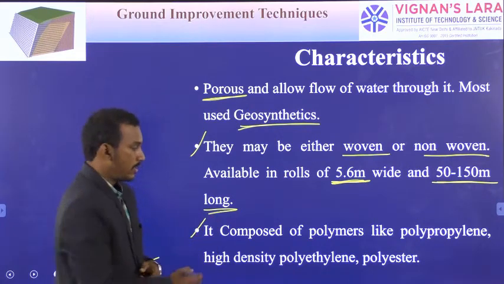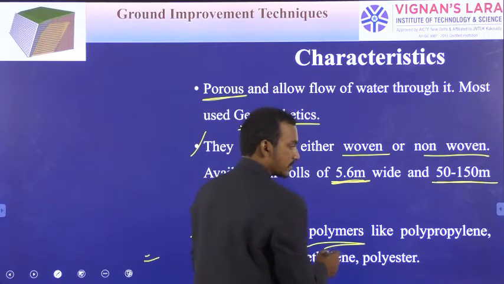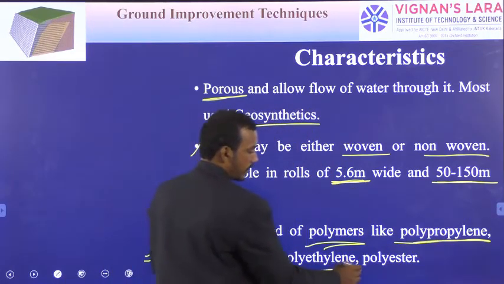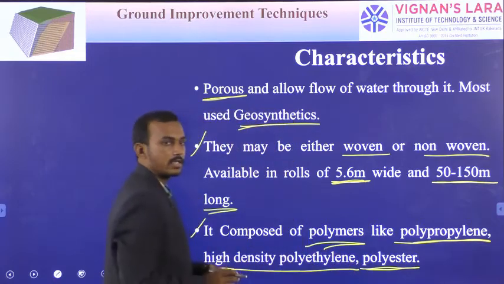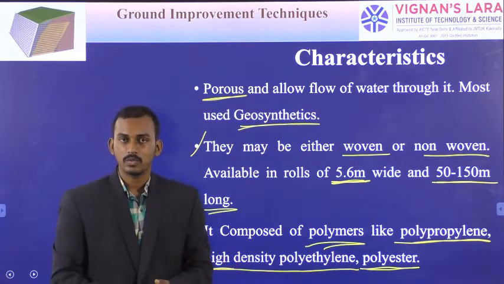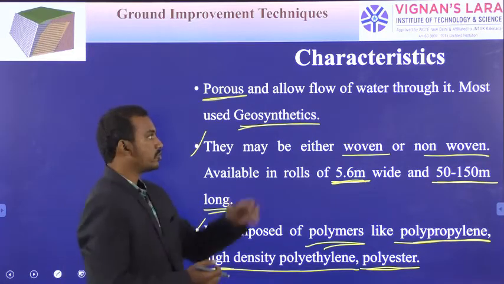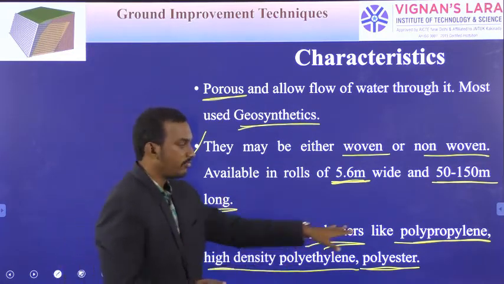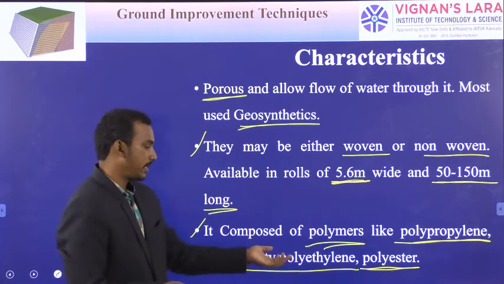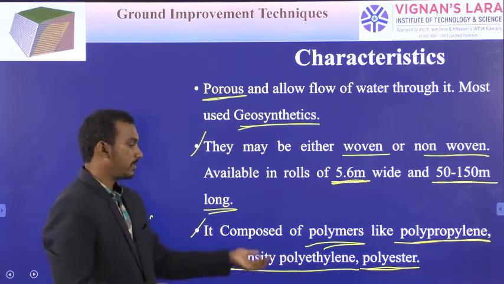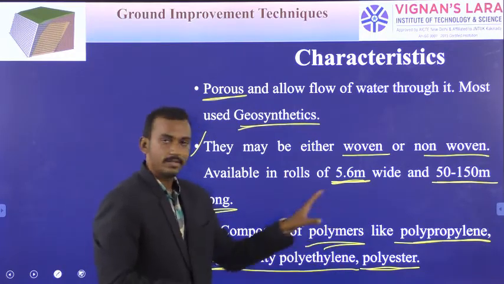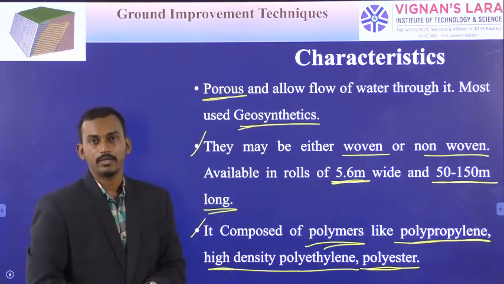Then they are composed of polymers like polypropylene, high density polyethylene or polyester. As we discussed, geosynthetics may be synthetic or polymeric materials. So geotextiles mostly consist of polymers like what? Polypropylene, HDPE, high density polyethylene, or polyester. So along with all these, geotextiles are made.